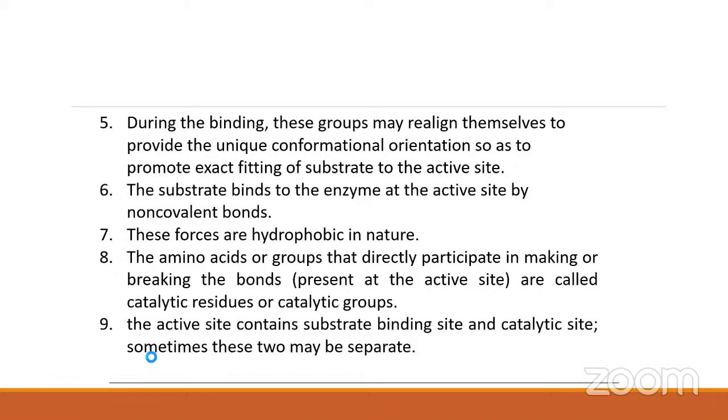These specific amino acids or groups at the active site of an enzyme are known as the catalytic residues or catalytic groups, where the catalysis occurs. The active site actually contains two separate sites, a substrate binding site and a catalytic site. Once a substrate binds to the substrate binding site, then only the catalytic site gets activated and the catalysis occurs. For some enzymes it will be the same site, and for some enzymes two separate sites will be present.